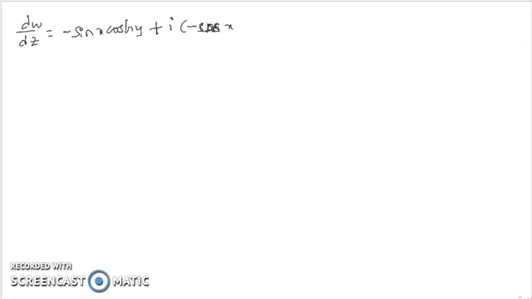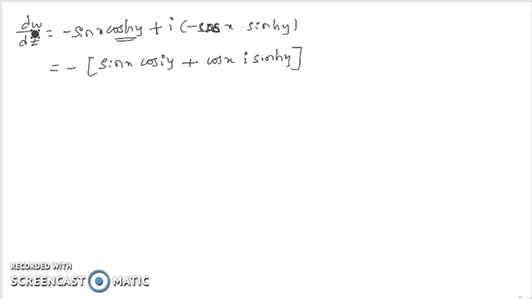Plus i times vx, which is minus cos x sin hyperbolic y. Okay, so I will take the minus sign outside. What happens here? The sin x term, how can I rewrite? Cos iy plus, here it is cos x as it is, i sin hyperbolic y.